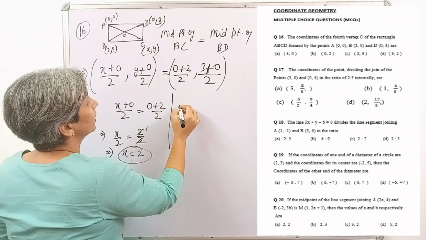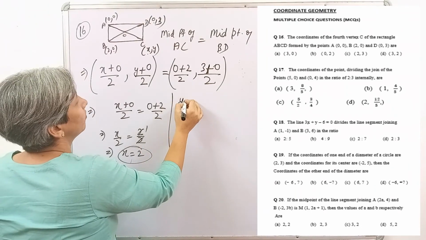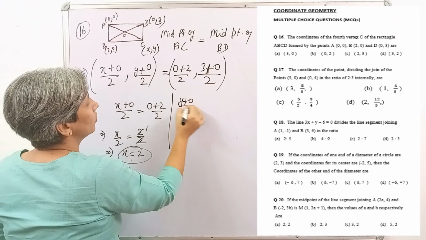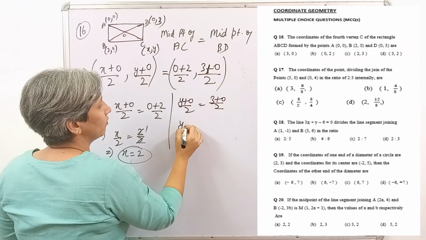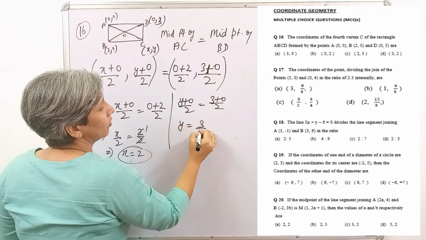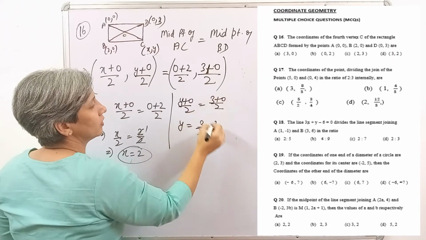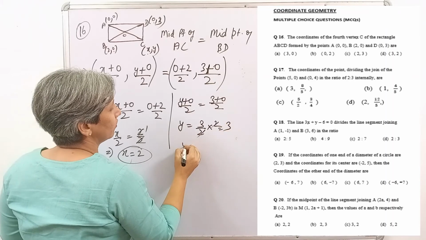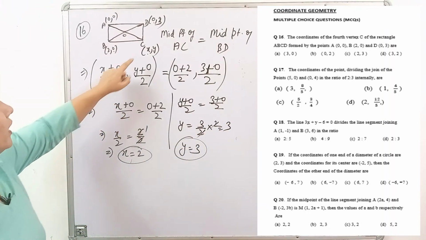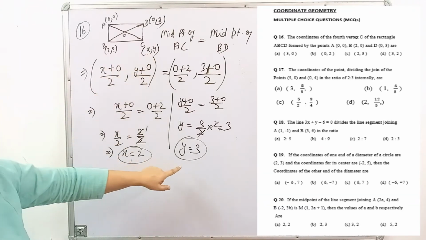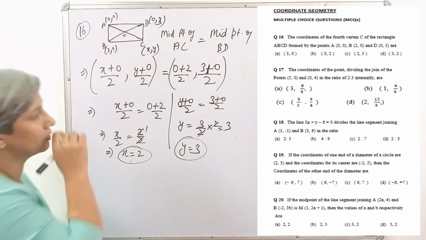Same way, equate the y one: (y plus 0) upon 2 is equal to (3 plus 0) upon 2, which gives y equal to 3 upon 2 into 2. The 2 goes up, which gives y equal to 3. So x and y come out as 2 and 3, which is option C.